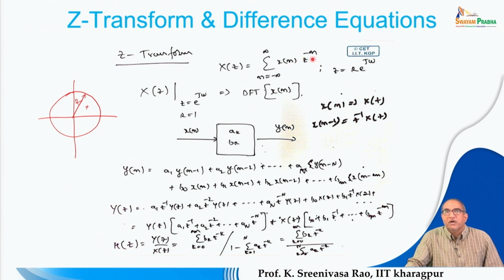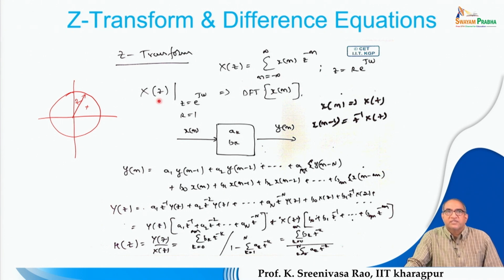So, x of n into r into e power j omega, to the power minus n, and when you substitute r equals 1, it becomes x of n into e power minus j omega n. So, it is nothing but the discrete Fourier transform for the given sequence x of n.